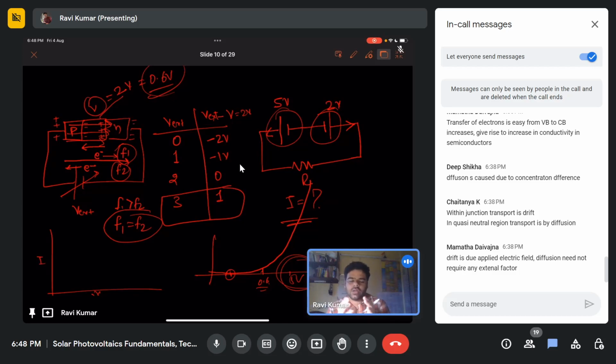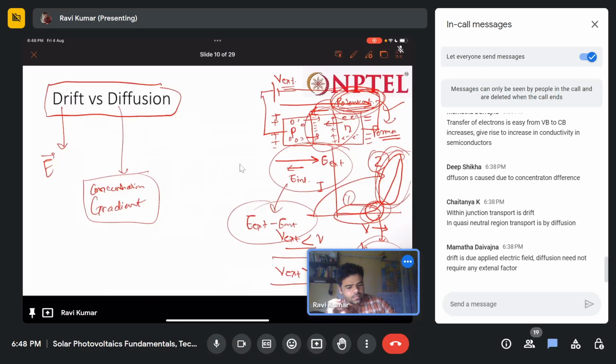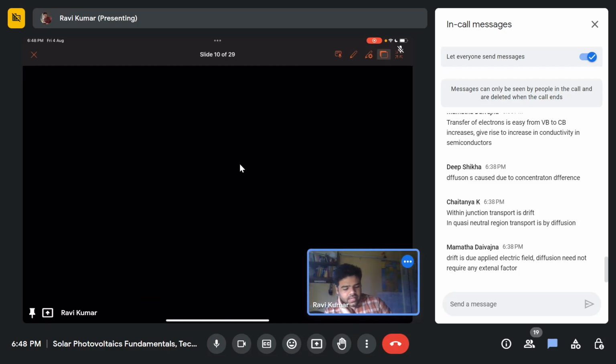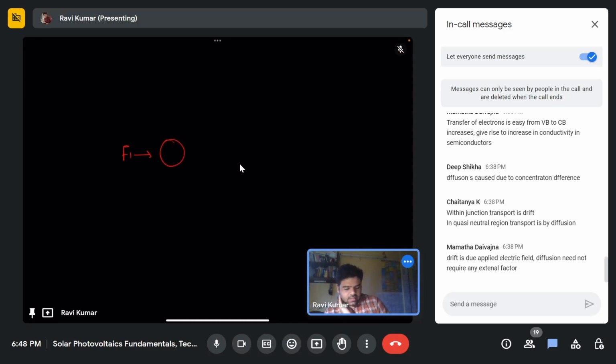In an analogy, you can understand it like this. There is a ball, and F1 is applied in this direction and F2 is applied in this direction. Let's say this is applying 2 Newton force and this is applying 1 Newton force.